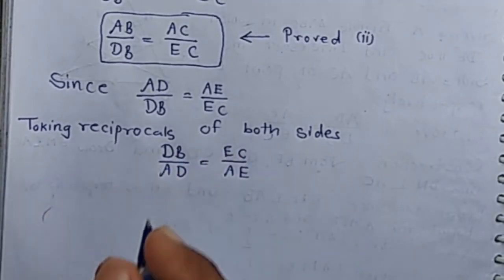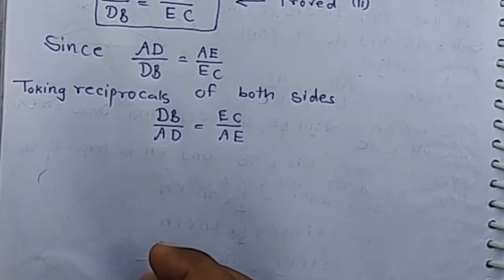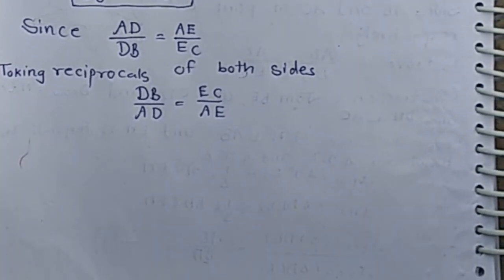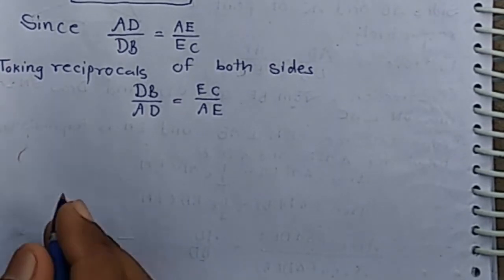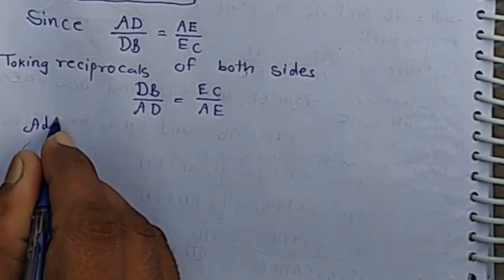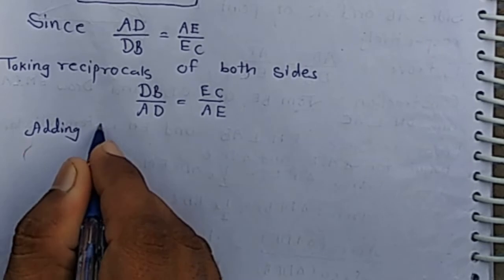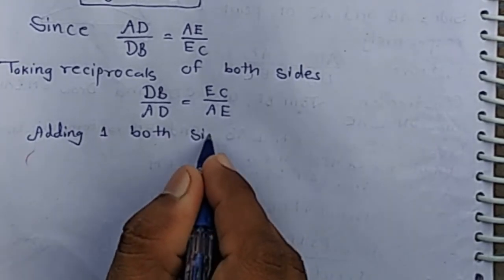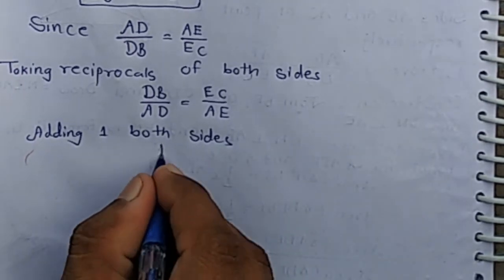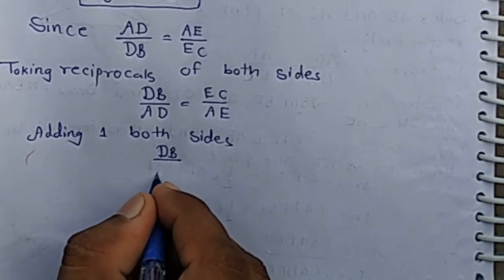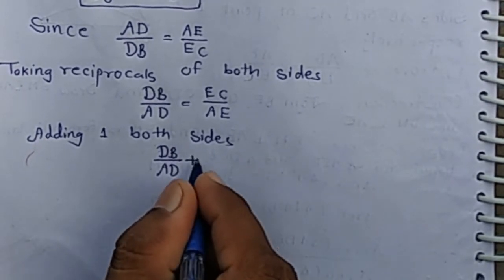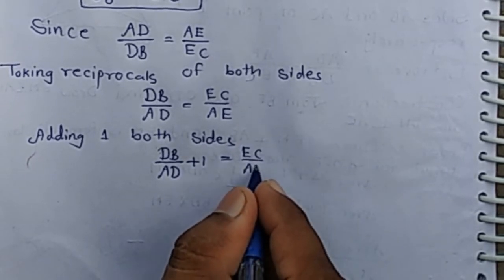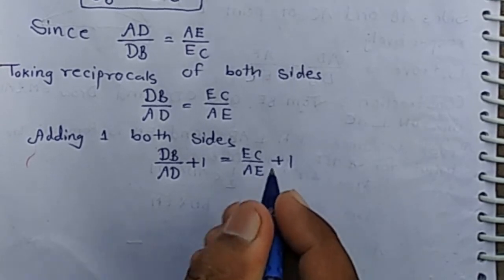Adding one to each side, then DB by AD plus 1 equals EC by AE plus 1.